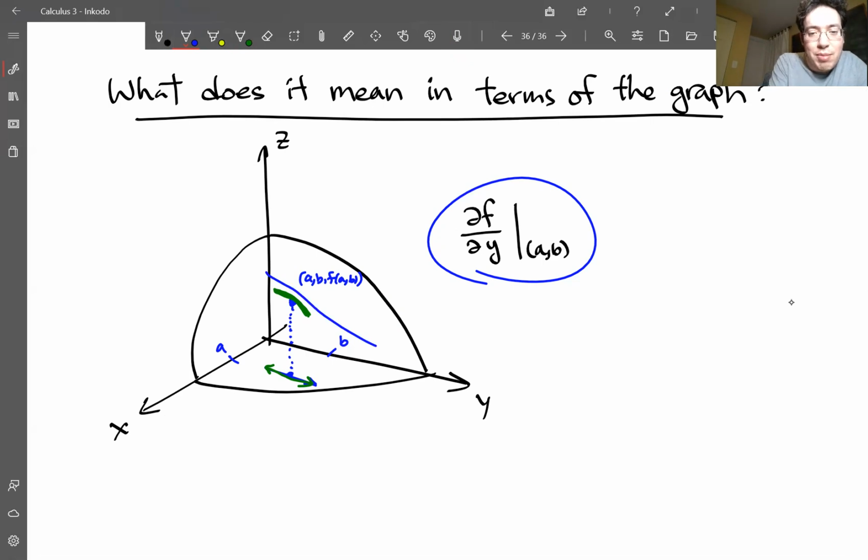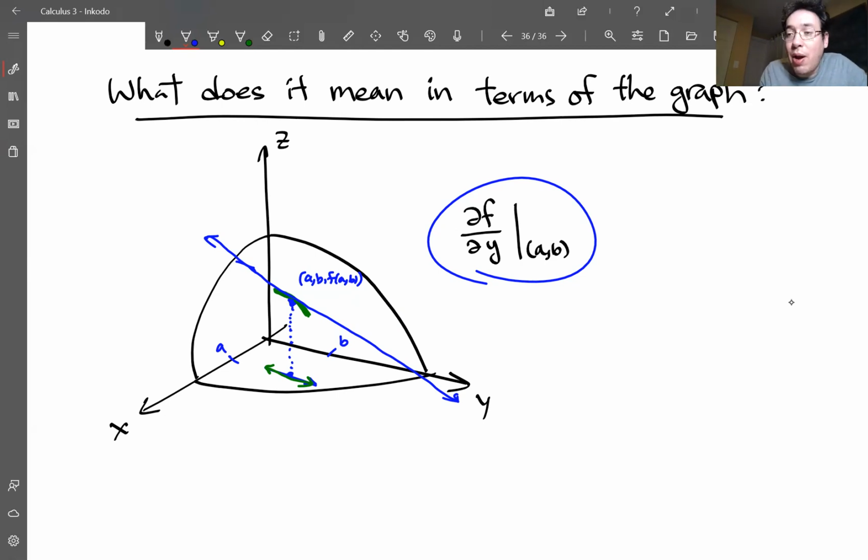Sorry, that was terrible. I hope that makes sense. So it's supposed to be tangent at that point to this surface in the direction of y, keeping the x value constant. So in this case, as the y increases, the surface is sloping downward. So this is a negative partial derivative in y direction.